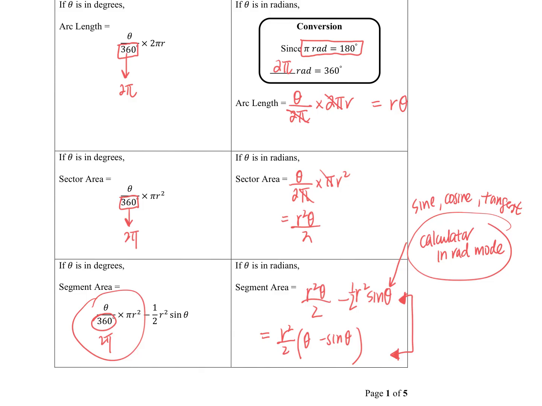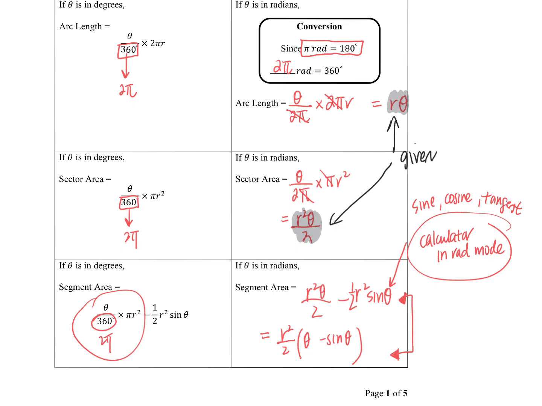Okay, the good news is this formula and this formula is given on the front page. R theta, r square theta over 2 and half r square sine theta. In fact the half r square sine theta is half ab sine c, so never mind, ignore it. So these two given on the front page. So there's no need to memorize.